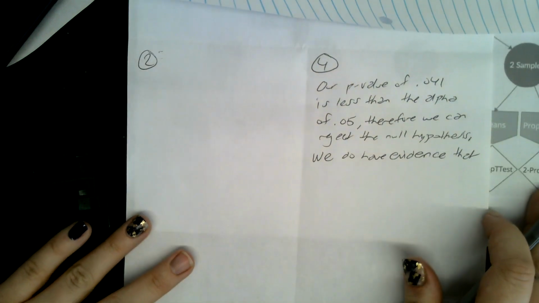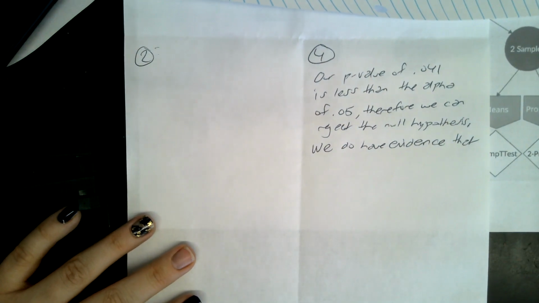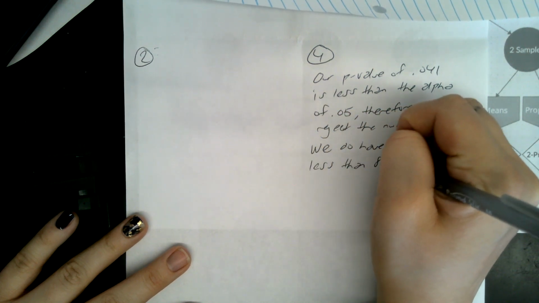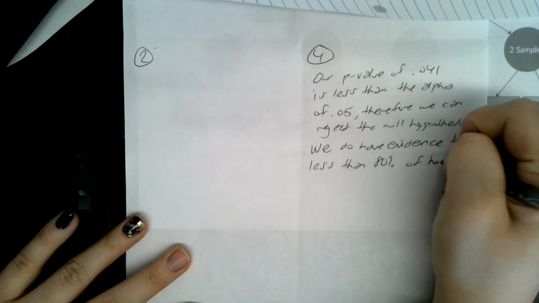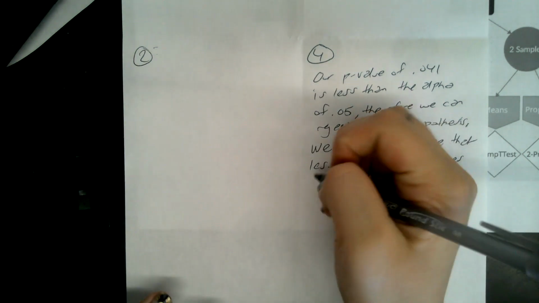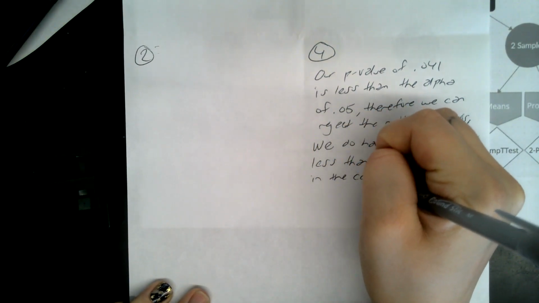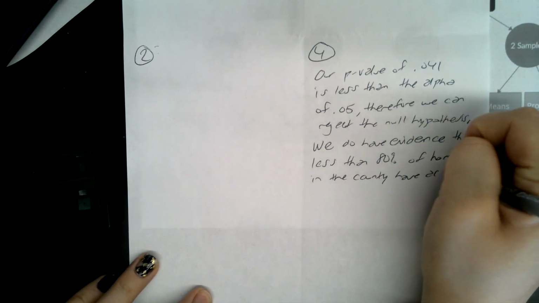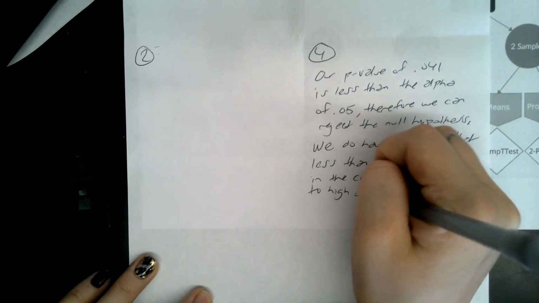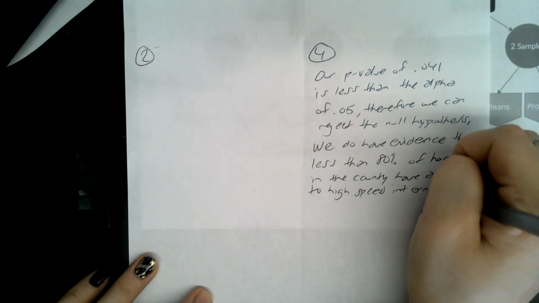So we're going to say that in context of the problem, less than 80% of homes in the county have access to high-speed internet. And that is all of our parts for this FRQ.